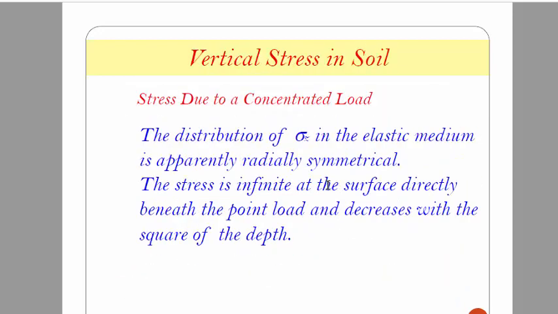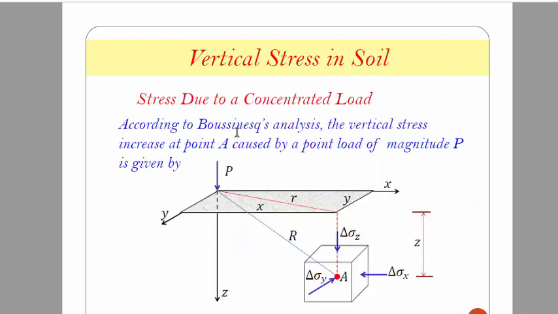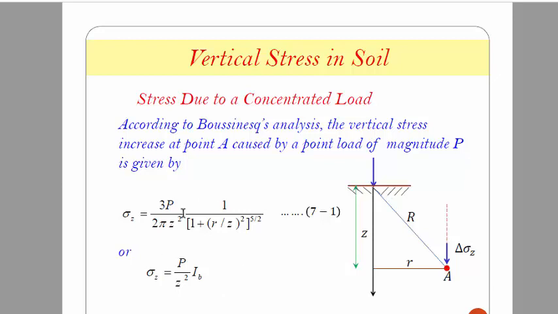Boussinesq gives the equation for the stress due to a concentrated load. A simple load P is applied, and this is element A, at distance x, y, z. We calculate the stress below at depth z at element A. The simple formula is 3P by 2 pi z square, which resolves to P by z square times IB.